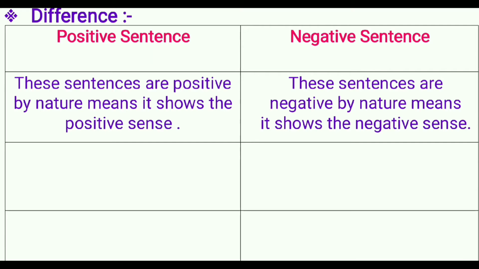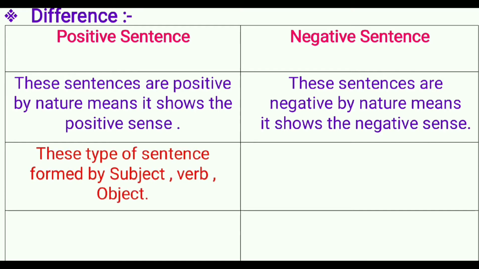So it is by using no or not that we make a negative sentence, and it shows the negative shade of the sentence. A positive sentence is formed by subject, verb and object.